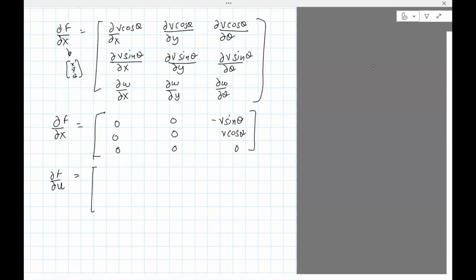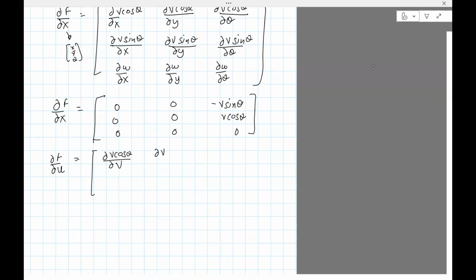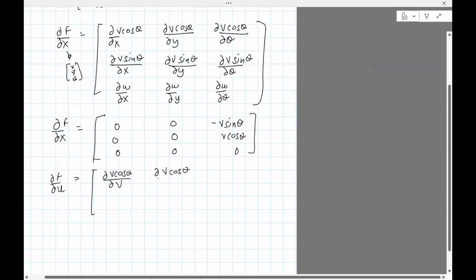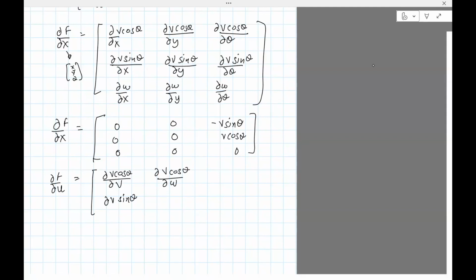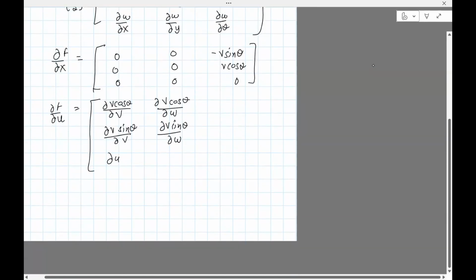Then we have df du. Again, I'll write it down. So f: d(v cosine theta)/du, d(v sine theta)/du, and the last row is omega, so d omega dv, d omega d omega.